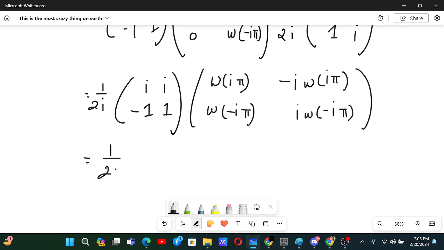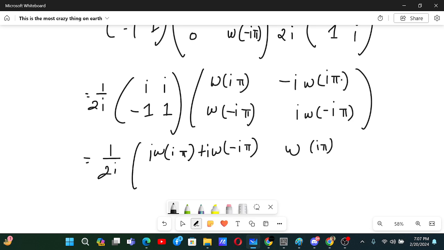Now again let's multiply. 1 by 2i. If you now multiply this, what do we get? i Lambert W of i pi plus i Lambert W of minus i pi. And next, this is Lambert W of i pi minus Lambert W of minus i pi.